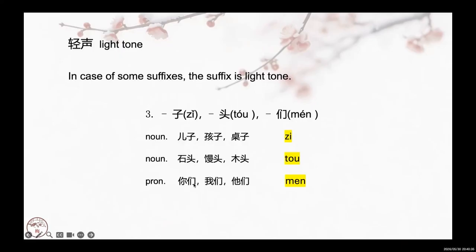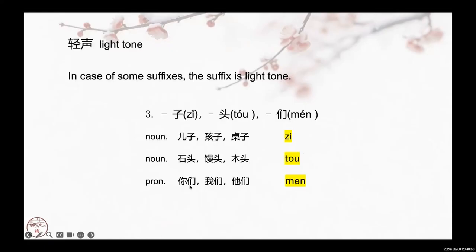For the suffix of 们, 你们 means you, more than one people. 我们 means we, 他们 means they.